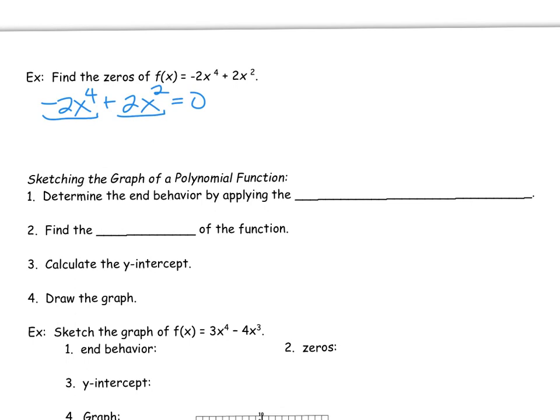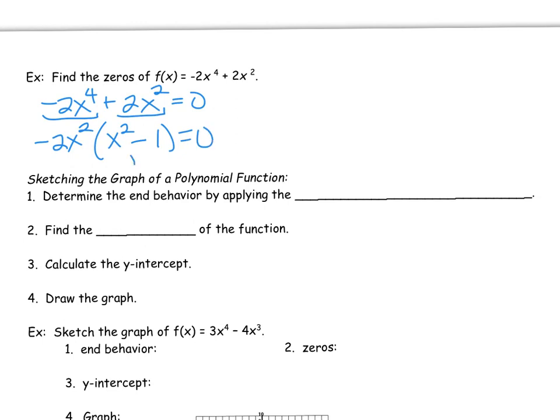They both have a 2 in common. They both have x to the 4th, or x squared, in common, and I'm also going to factor that negative out. That way, with what's left over, my lead term on the inside of the parenthesis will be positive. So if I factor out negative 2x squared, we would have x squared minus 1 left over.